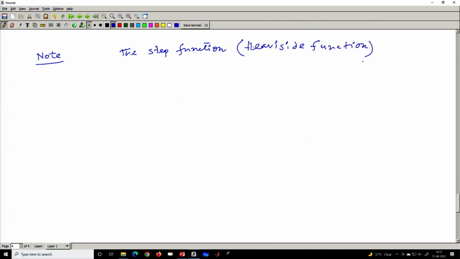So, what does this function suggest? Let us define it as h of x, h for Heaviside. It is equal to 1 when x is positive and 0 when x is negative.